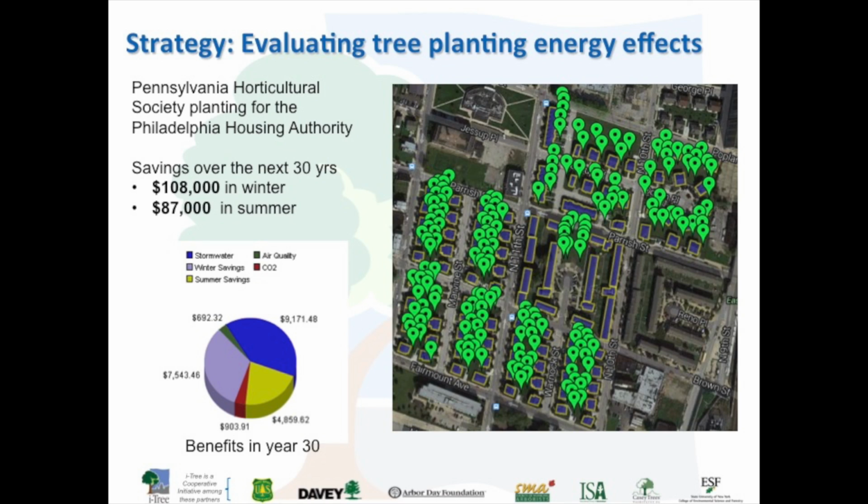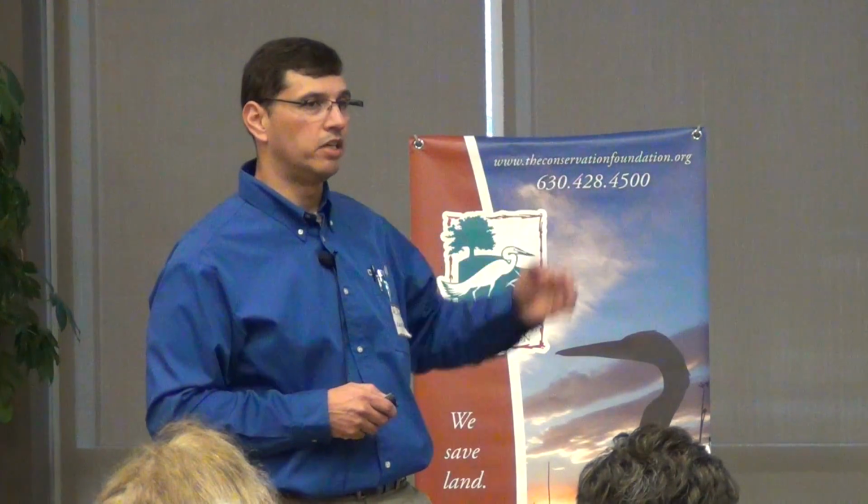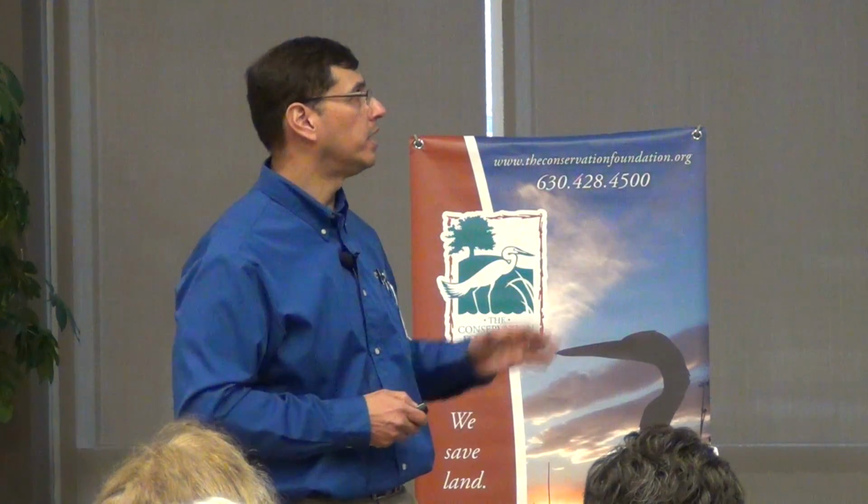And so this is what they did, they actually went out and looked at where can we plant trees most effectively to try to have an impact in energy, to come up with some estimates. So this was something that they used to put into their package when they were running this tree planting program in a neighborhood in Philadelphia.